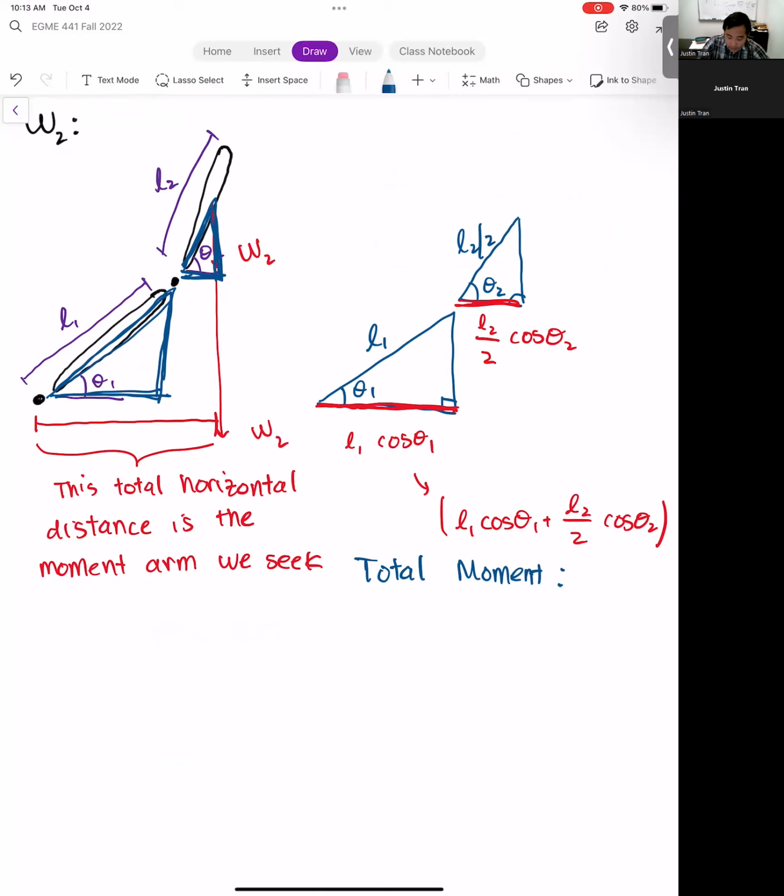The total moment for this case is going to be W2 multiplied by the sum of these two quantities: L1 cosine theta 1 plus L2 divided by 2 cosine theta 2.